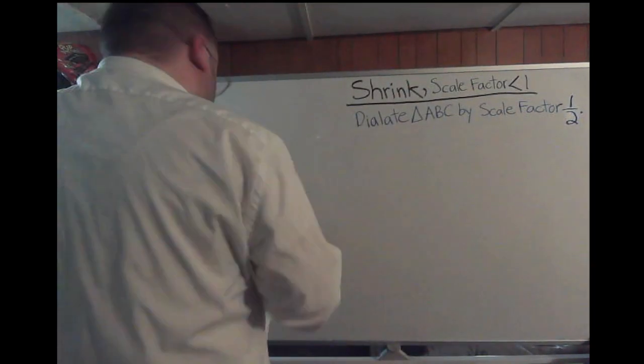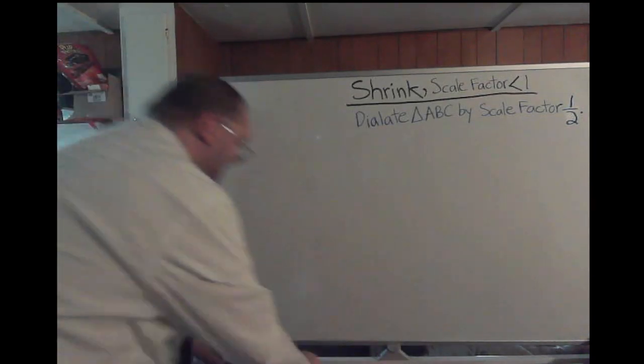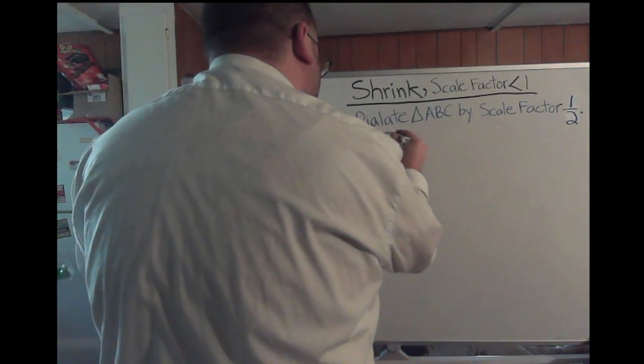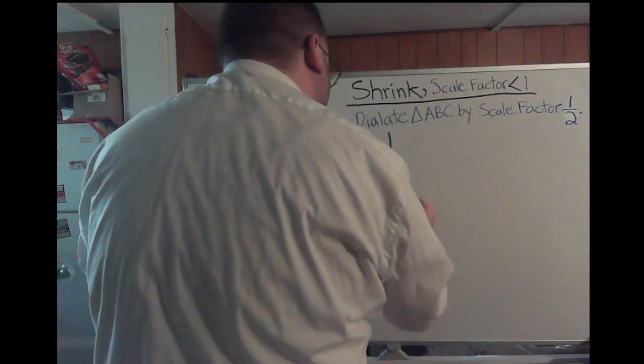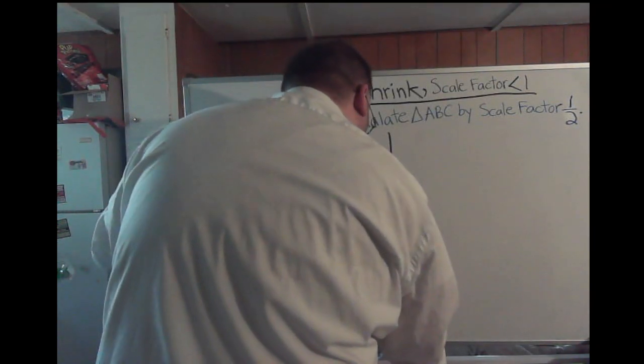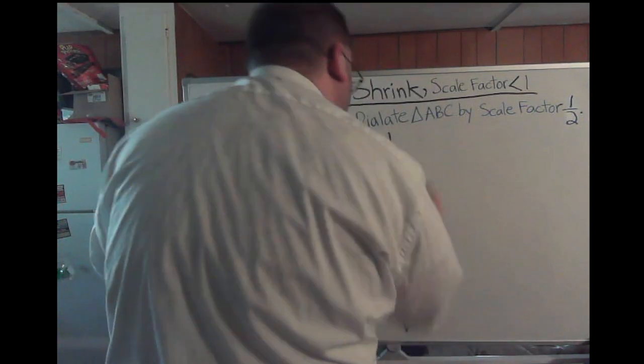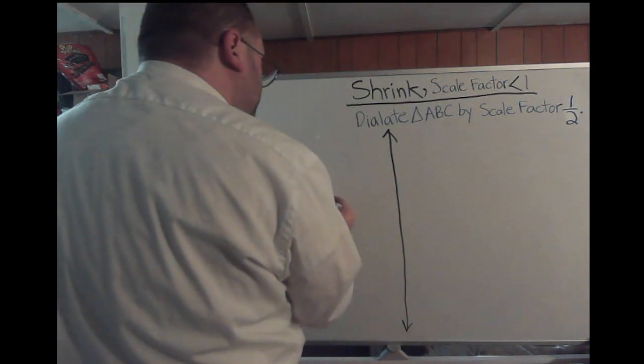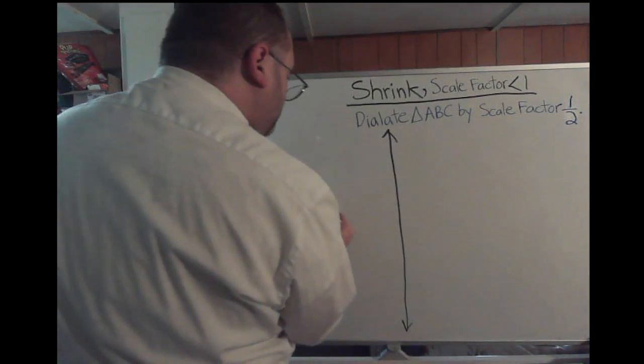I'll make this scale factor be 1/2. So let's see here. We made the last triangle to be 1/3 of the size of the original triangle. We'll make this next one be half the size of the original triangle.